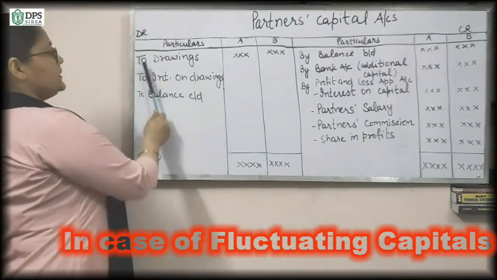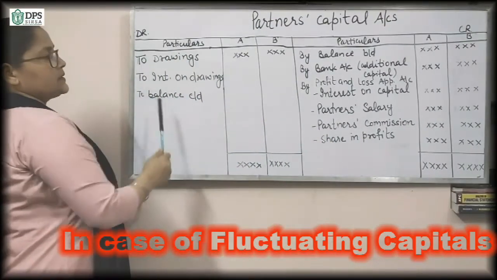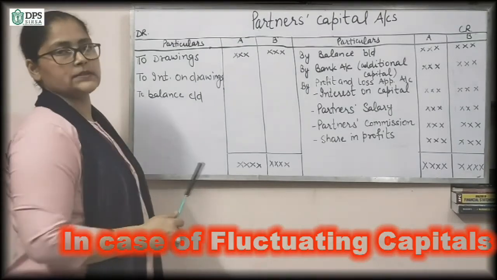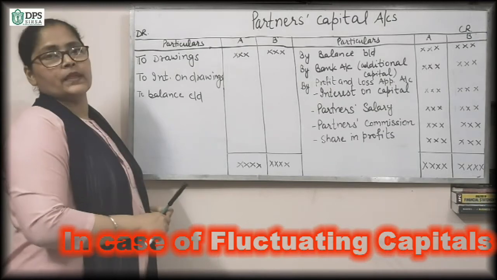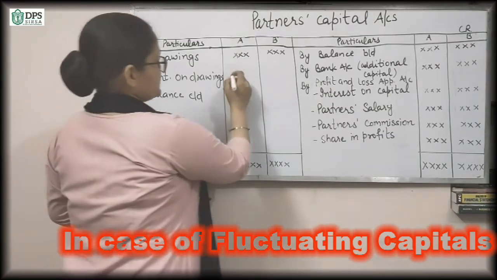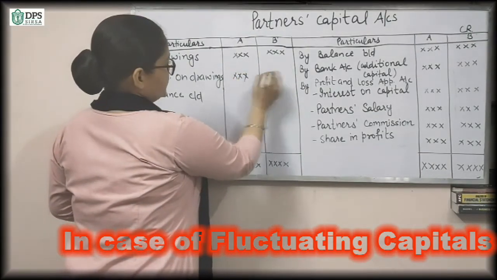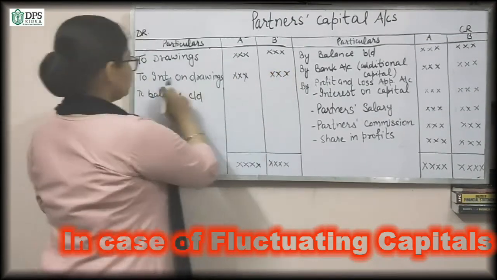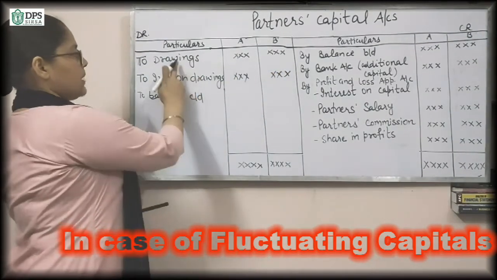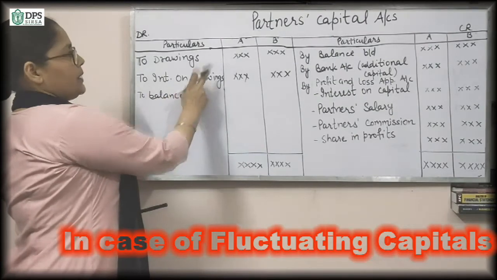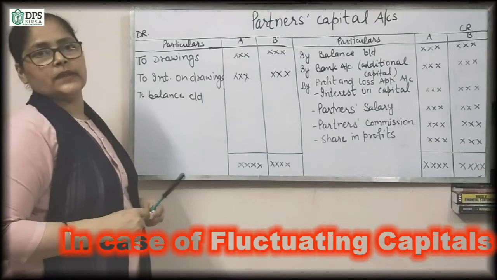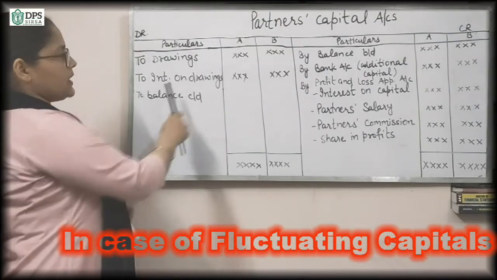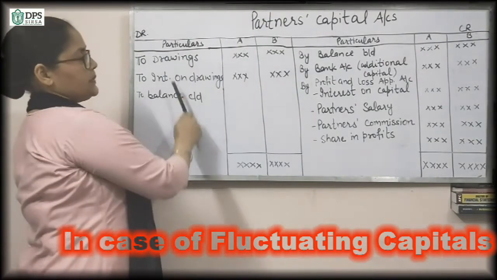On this side, we will write drawings. Drawings are the money that a partner is withdrawing from the firm for his personal use. Now comes interest on drawings. The amount of interest that a partner is going to give to the firm is known as interest on drawings, and it will come on the debit side.